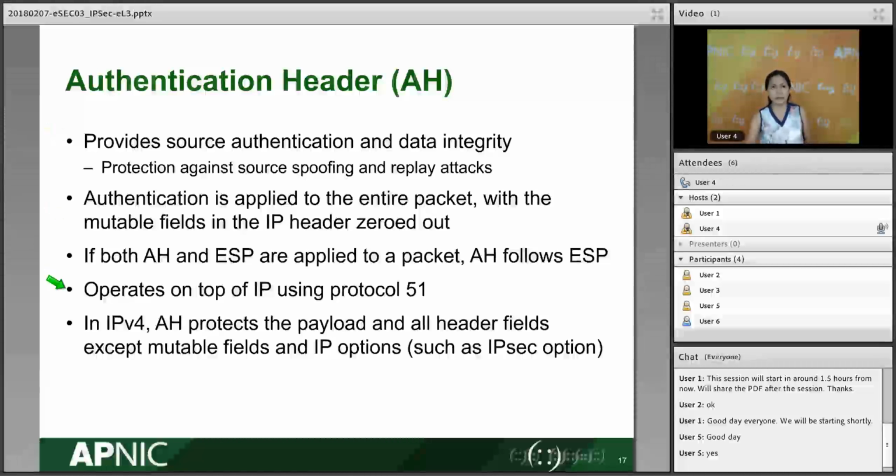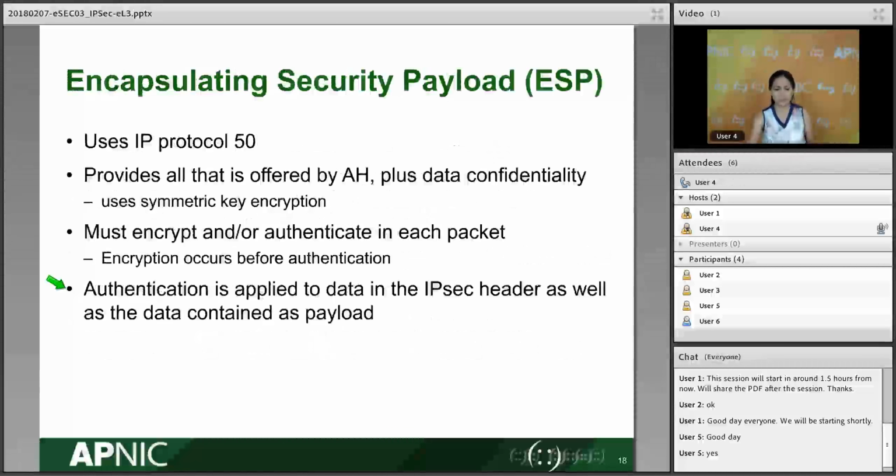Now, it operates on top of IP. It uses protocol 51. I'll show you some examples in a bit. But what's the difference between that and ESP? ESP provides all that AH is offering, plus extra data confidentiality, so it gives you that encryption. It does that by using mostly symmetric key encryption for encrypting your data.